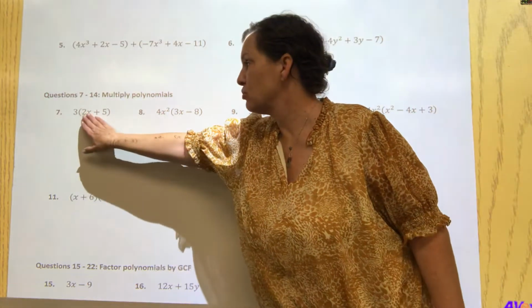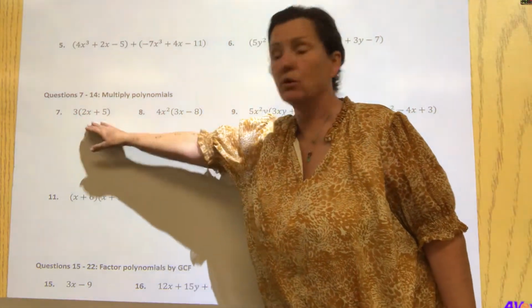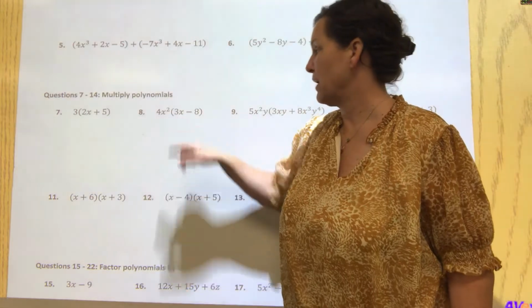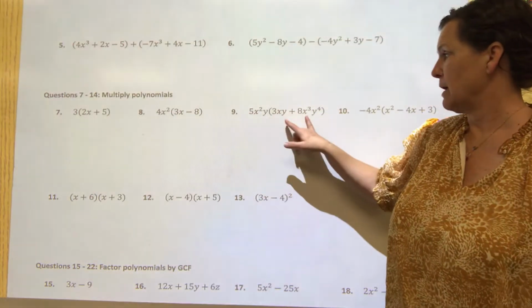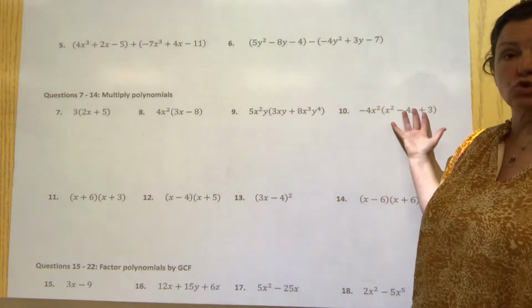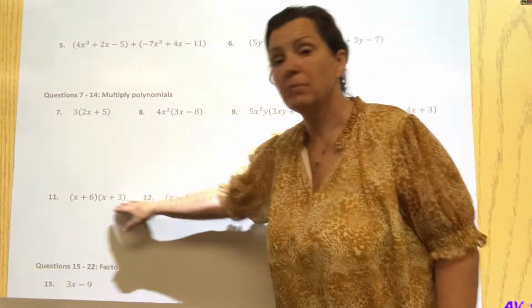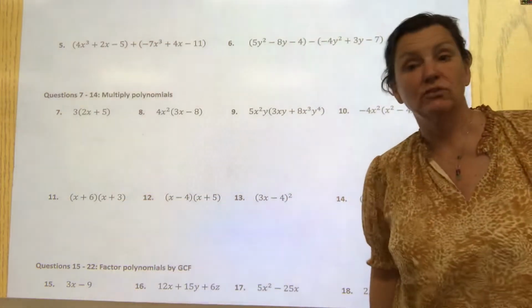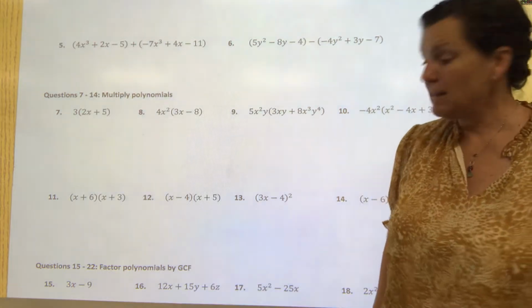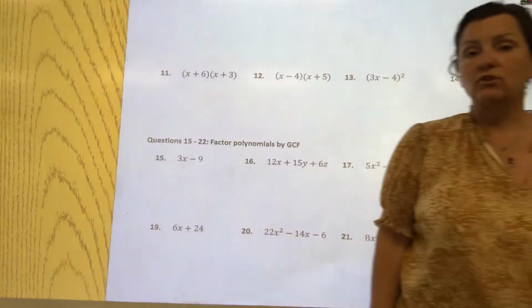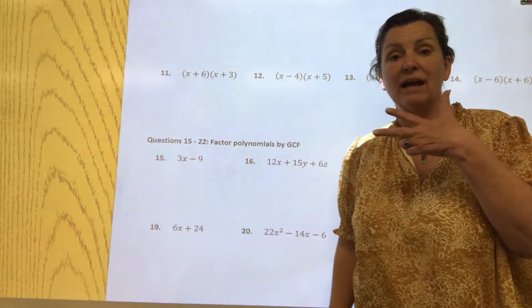One chunk times a 2, a monomial times a binomial, a monomial times a binomial, a monomial times a binomial, a monomial times a trinomial. And then down below we have our binomial times a binomial situation. And then the last piece, we are factoring by a GCF, greatest common factor, the biggest thing they all have that I can take out.